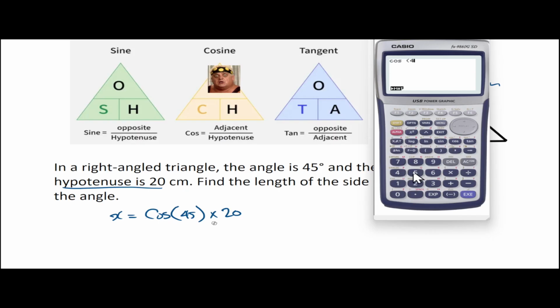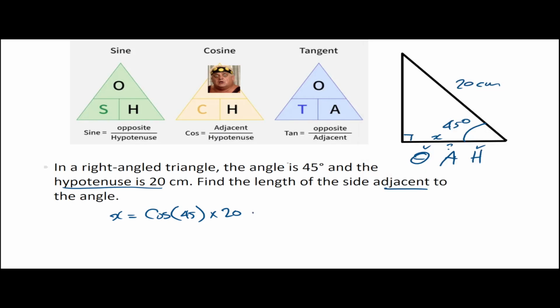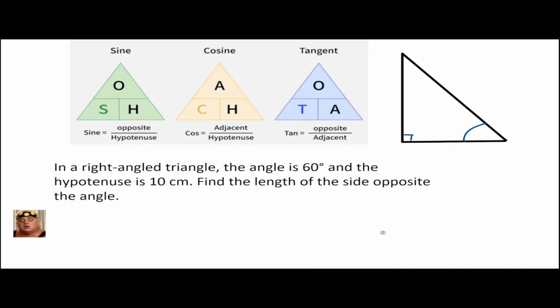Cos of 45 degrees is that times 20. So to 2 decimal places we'll say it is equal to 14.42 centimeters. Next one, right angle triangle. As always, the angle now is 60 degrees.